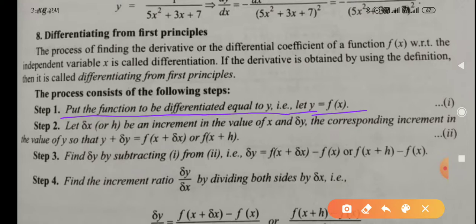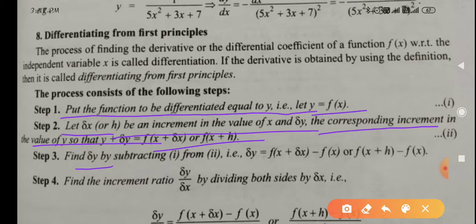Let delta x or h be an increment in the value of x, then delta y will be the corresponding increment in the value of y, so that y plus delta y equals f(x plus delta x). Find delta y by subtracting 1 from 2. So you will get delta y equals f(x plus delta x) minus f(x). Now divide both sides by delta x and take the limit.